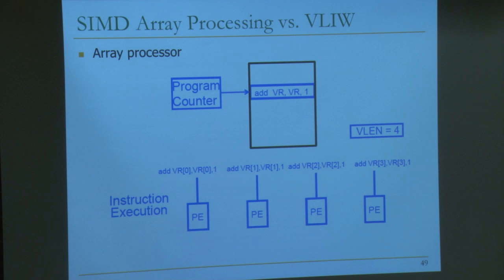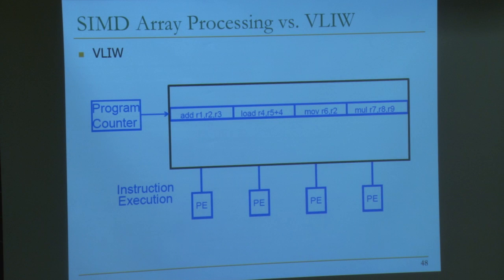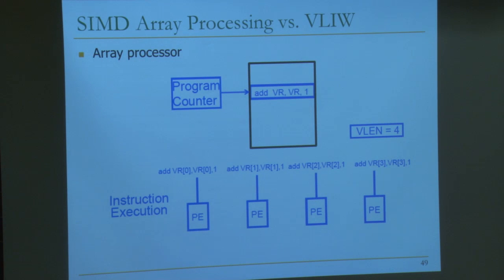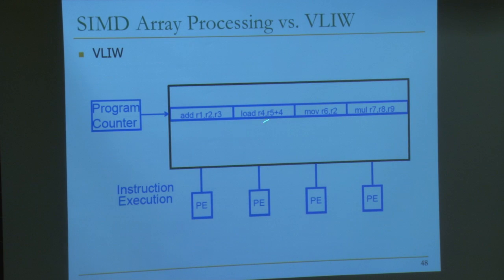Make sense? Which one is more flexible? Any guesses? VLIW or array processor? VLIW, right? It's more flexible because now you can execute multiple operations that have nothing to do with each other in the same cycle.